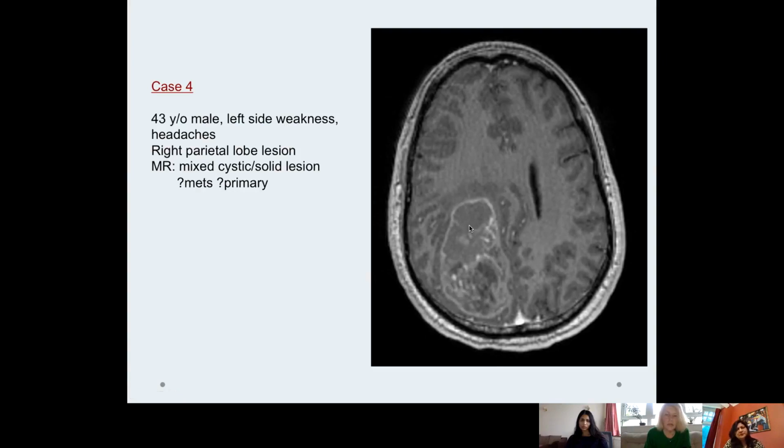And the differential diagnosis radiologically included a solitary metastasis or a primary brain tumor. And in this case, because it was not clear, a specimen was submitted for intraoperative diagnosis.